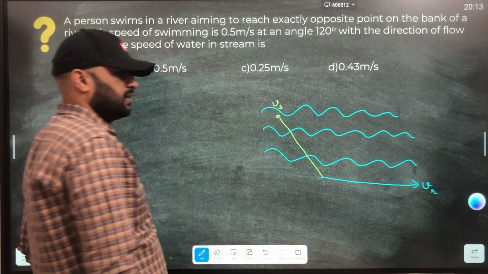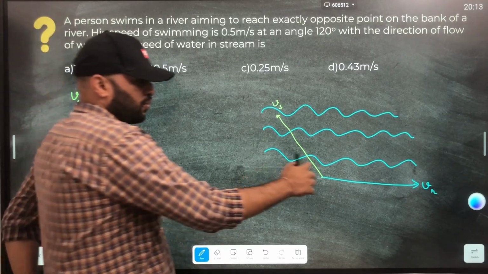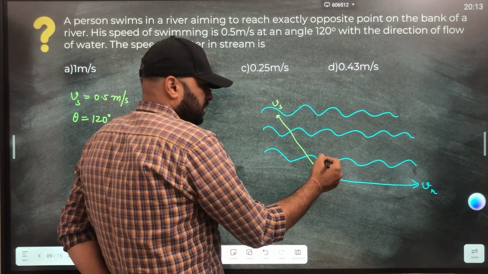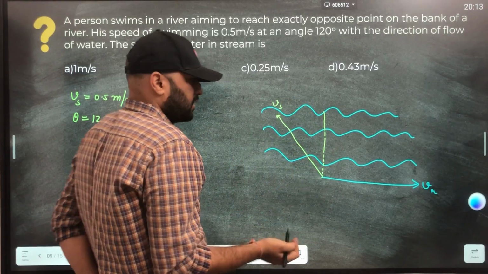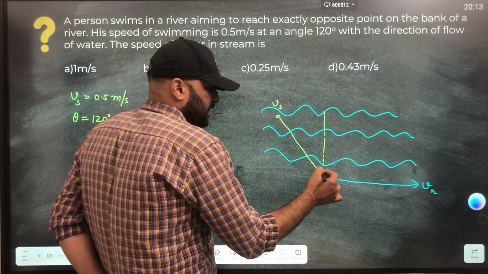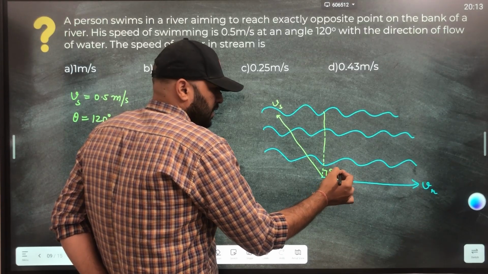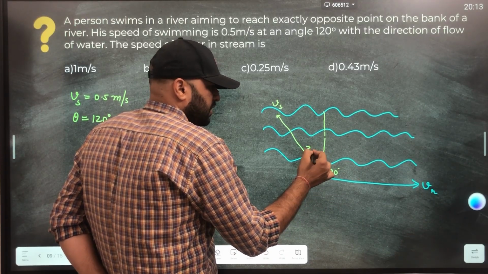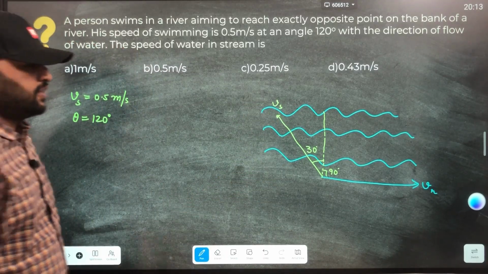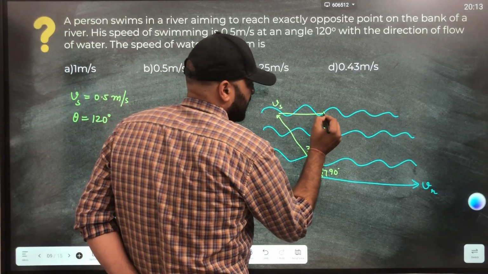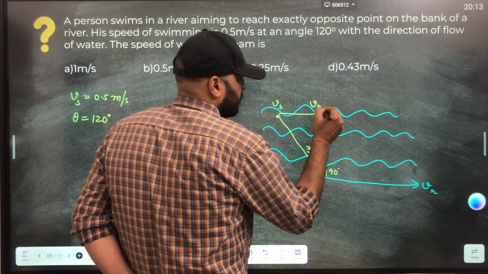Yes, correct. And if this is 120, we can make a perpendicular direction. This is the shortest path. We have to reach from point A to B in the shortest path. So this will be our 90 degree, and this will be 30 degree, right? 90 plus 30 is 120. And if this is VR, even here if you make it, this will be our VR, velocity of river.